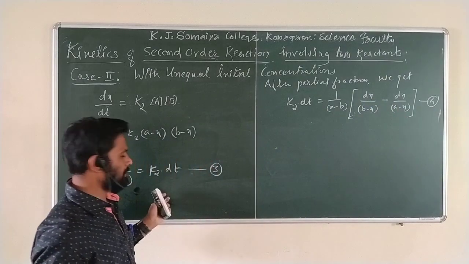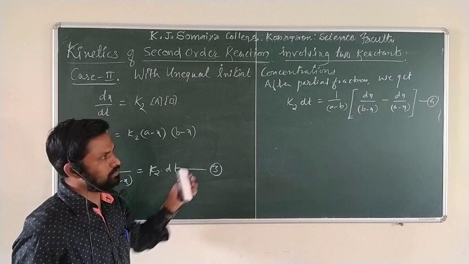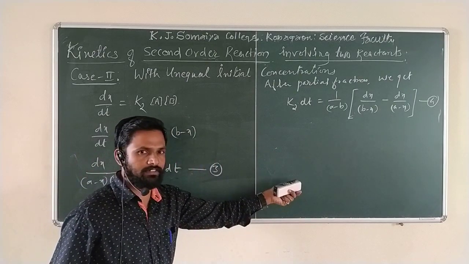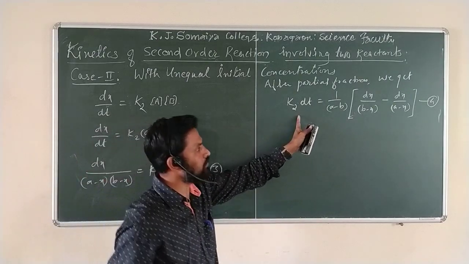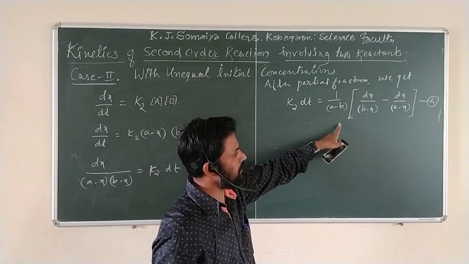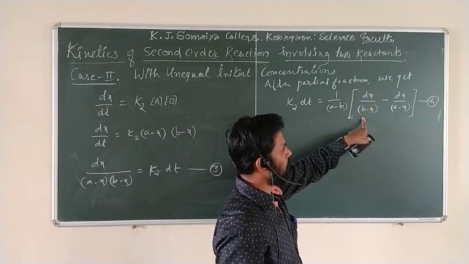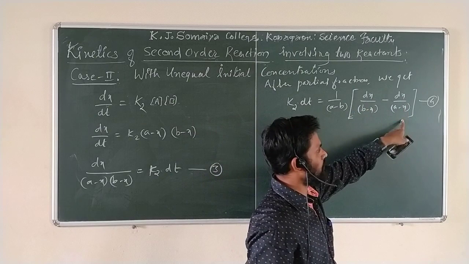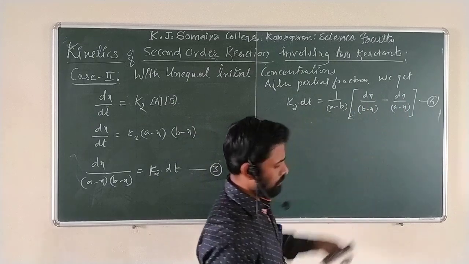How are these mathematical expressions simplified, considering certain constant values? After simplifying you will get K2 dt equal to 1 upon (A minus B), dx upon (B minus x) minus dx upon (A minus x), say as equation number 4.